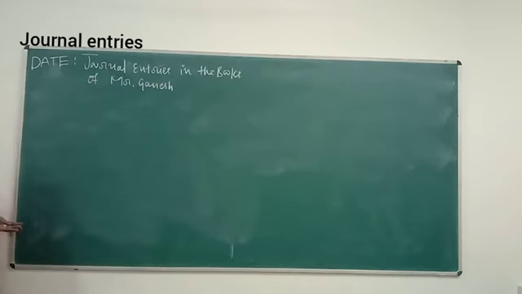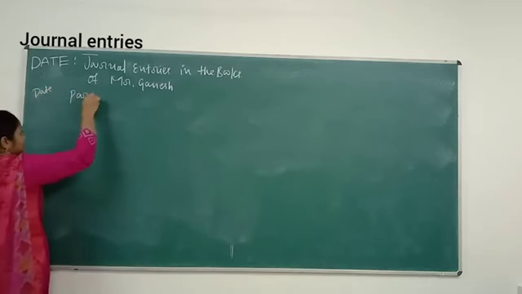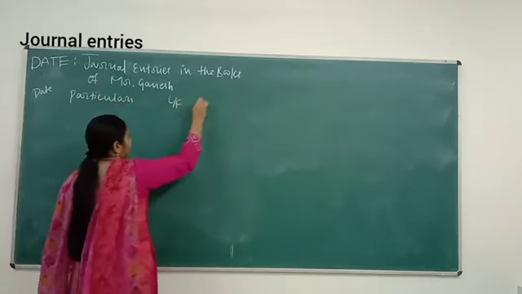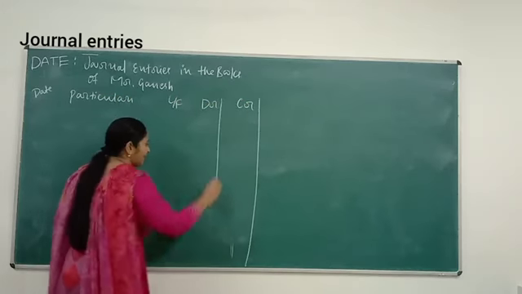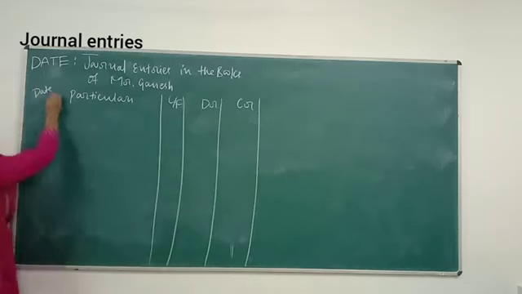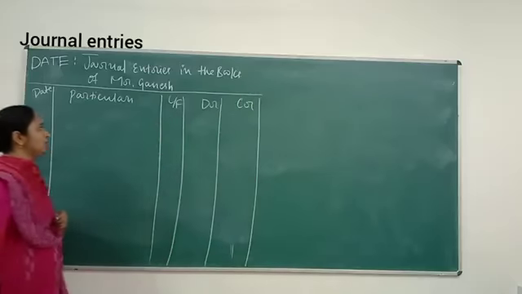Put the format of the journal. First column is date, particulars, LF, debit, credit. So this is the format.